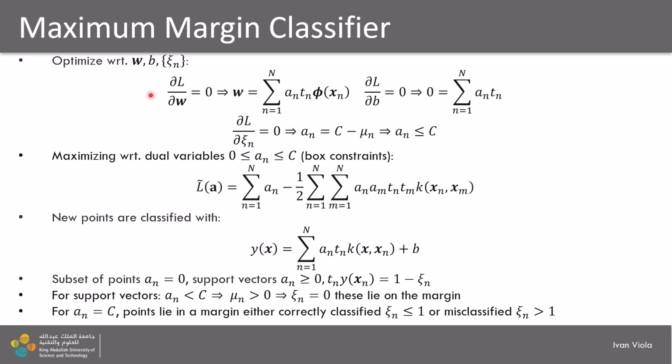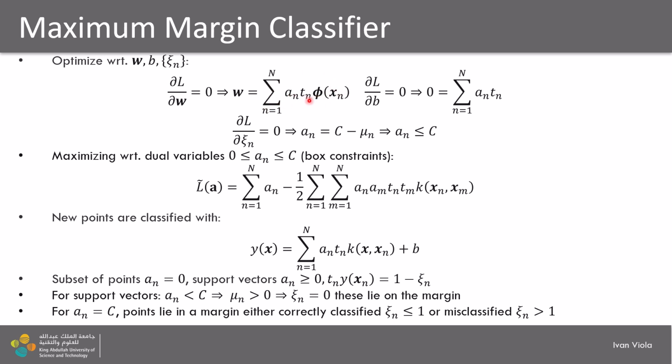If we set the partial derivative of the Lagrangian formula with respect to the weight to 0, that leads to the same outcome, that the sum of an, tn, phi(xn) is equal to the weights, because from the derivative only the weight squared and this term contained weights.